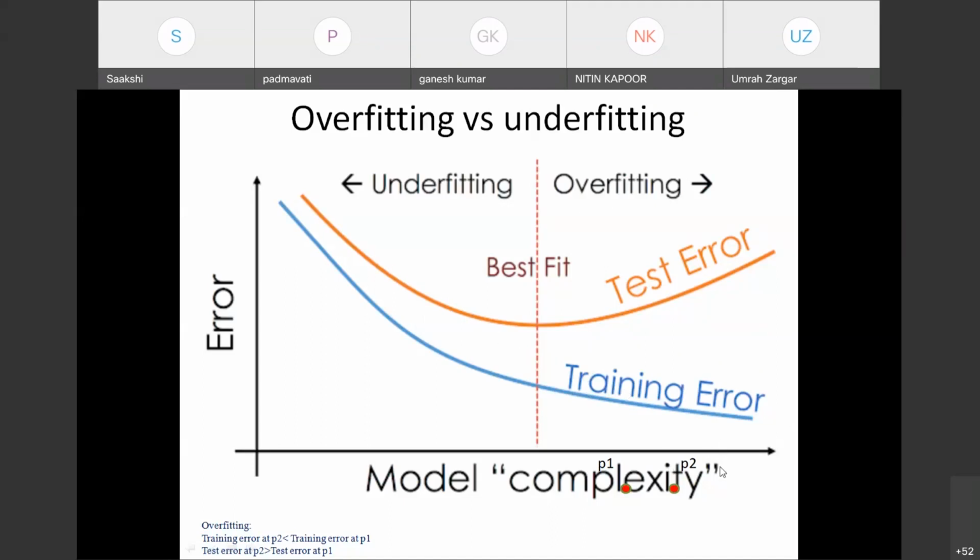But a too complex model overly learns the data items such that the training error will be low, maybe approaching zero, but my test error will be too high. So we always try to choose the one which gives the best value, that means minimum training error as well as minimum test error.